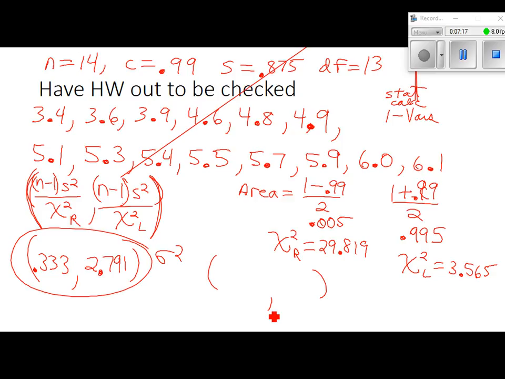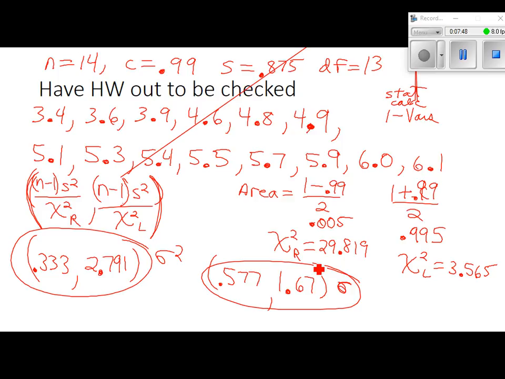What did you come up with? 0.577. Anybody agree? And what's the square root of this one? 1.67. And this is the confidence interval for what? Instead of variance or sigma squared, this is just the standard deviation, which is your sigma. So those are your two answers.